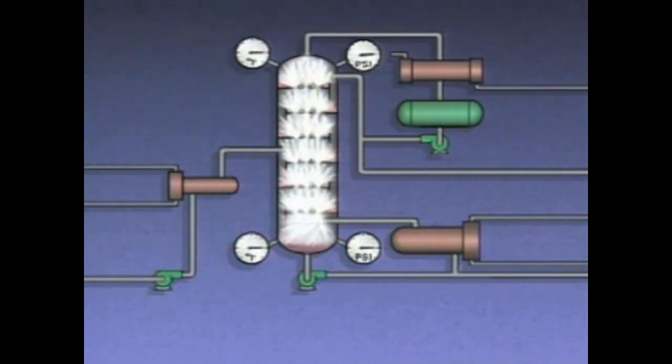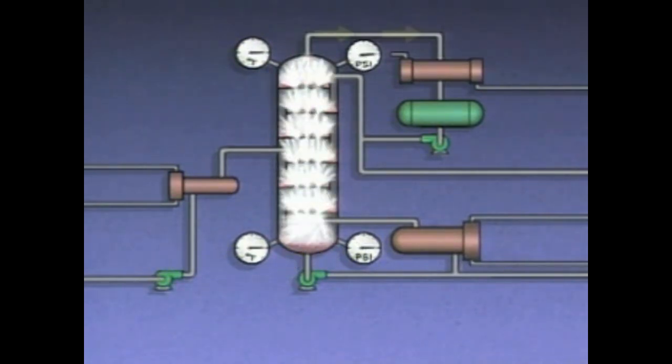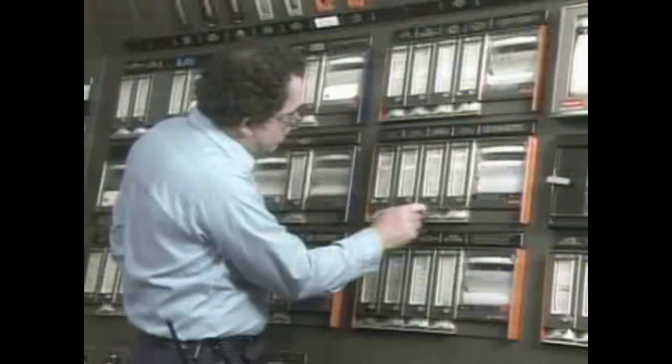Now, if puking develops, the surge of liquid and vapor up and down the column can cause fluctuations in the pressures and temperatures, as well as in the level of liquid in the bottom of the column. Also, liquid that's forced out of the top of the column can cause a sudden rise in the level in the receiver.